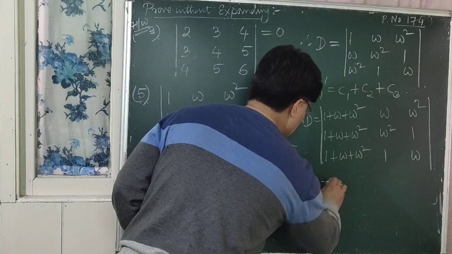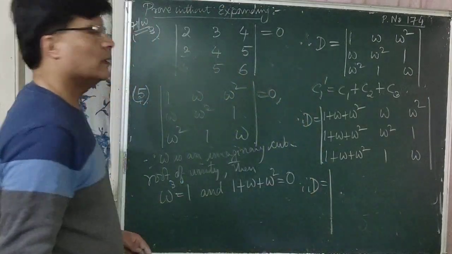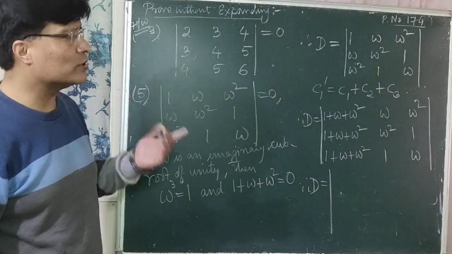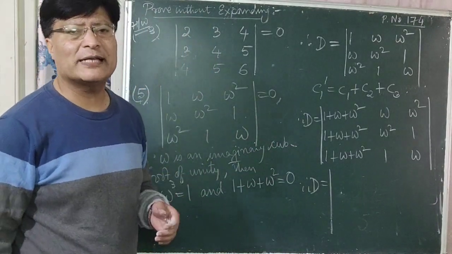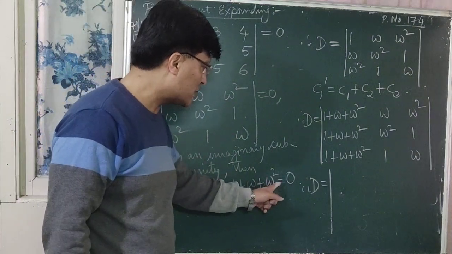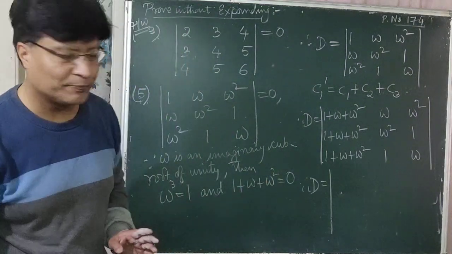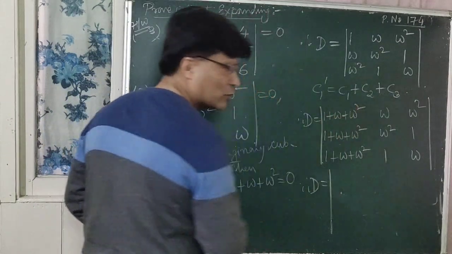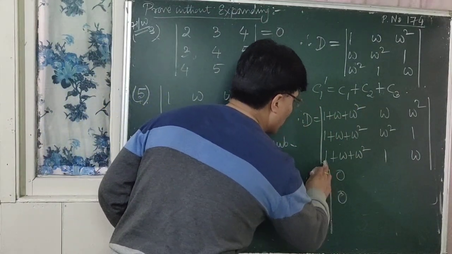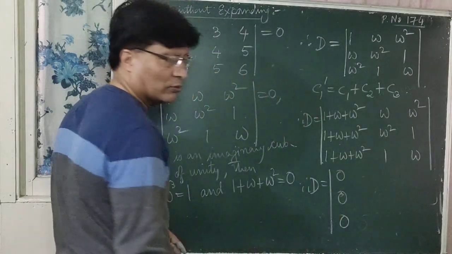Therefore D is equal to, now you can write down the formula, because in the question it is given that omega is an imaginary cube root of unity. So we can write 1 plus omega square exactly equal to 0. So instead of 1 plus omega square, you write 0, 0, 0.